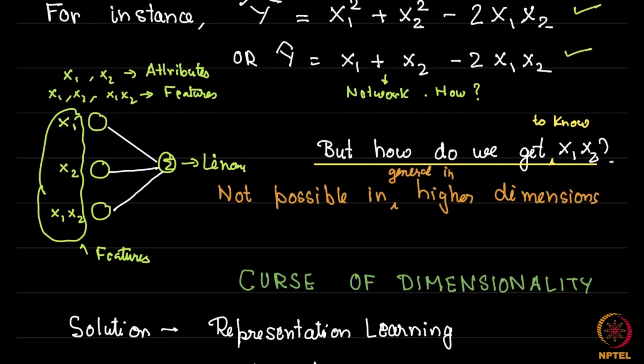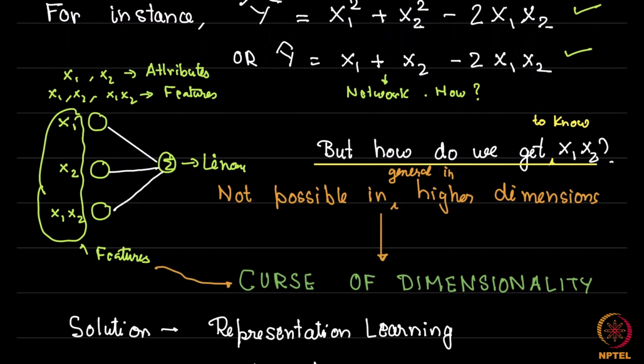Higher dimensions means here we are just dealing with two variables. But if I deal with multiple variables, which I typically do in machine learning, now high number of variables, high amount of data. This is the general catch behind machine learning. This is generally not possible. And that's what is known as the curse of dimensionality. That is, you cannot arbitrarily provide these features intelligently or systematically in higher dimensions.